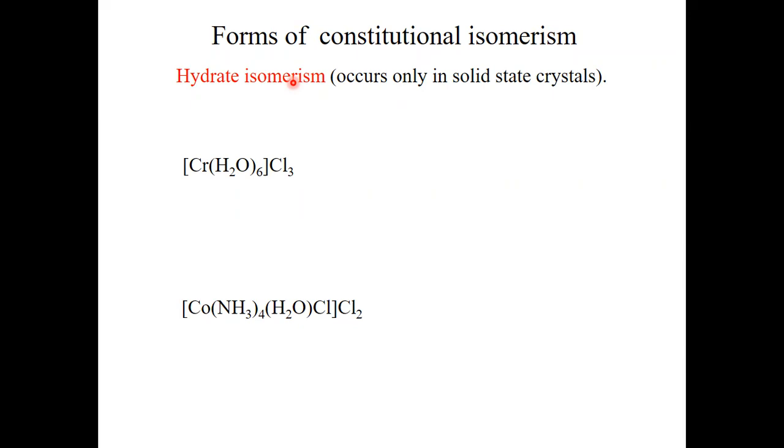In hydrate isomerism, we have isomers in which one isomer has water molecules in the form of isolated water molecules inside of the crystal, which are not directly bound to the metal, whereas in isomers to that, the respective water molecule is actually bound to the metal directly. So one example is here.